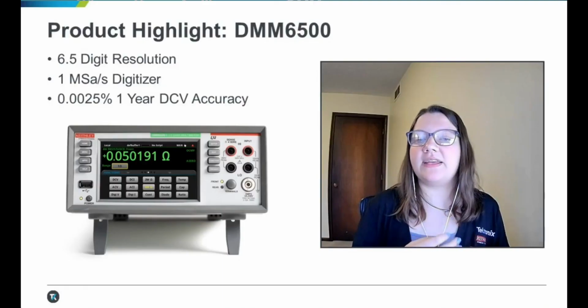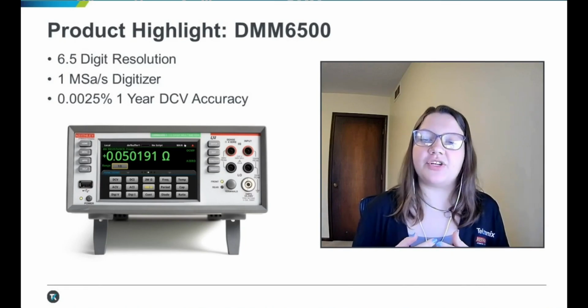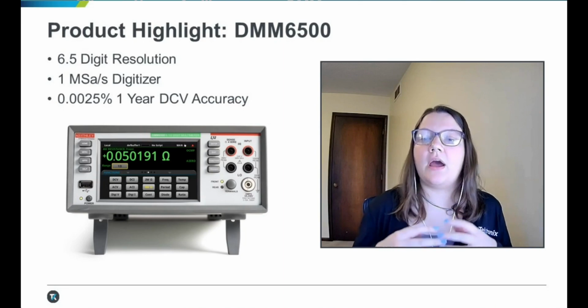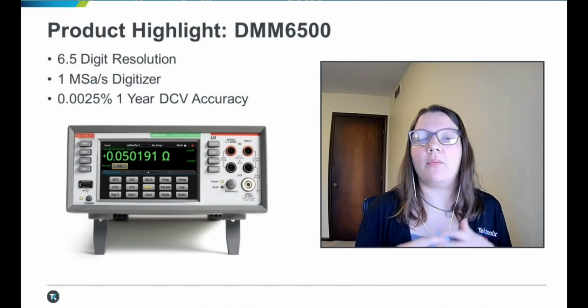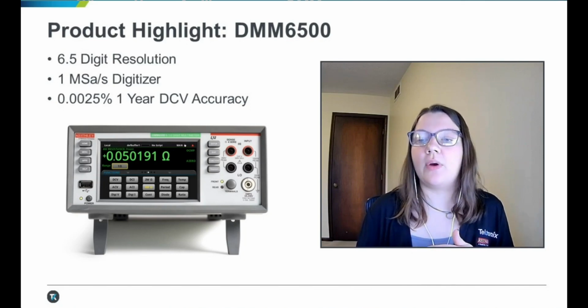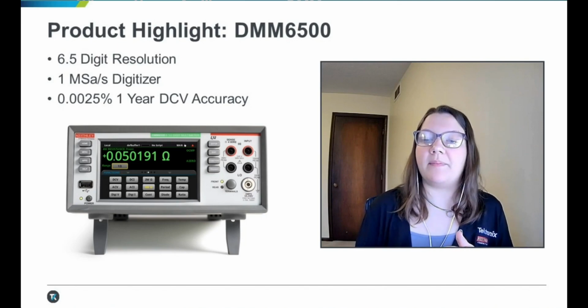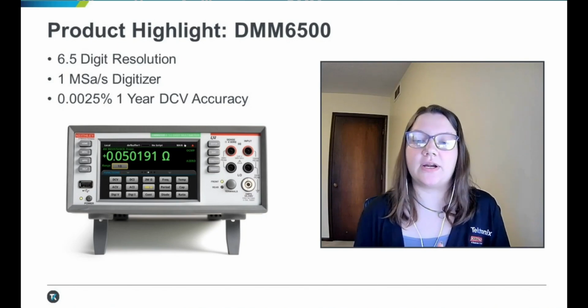I wanted to highlight our DMM 6500, which is our 6.5 digit touchscreen option. It's a great starter DMM, really good accuracy for the value. It does have that built-in digitizer that can sample up to 1 megahertz for DC voltage and DC current.